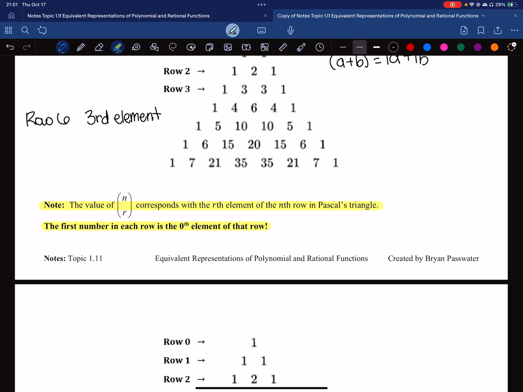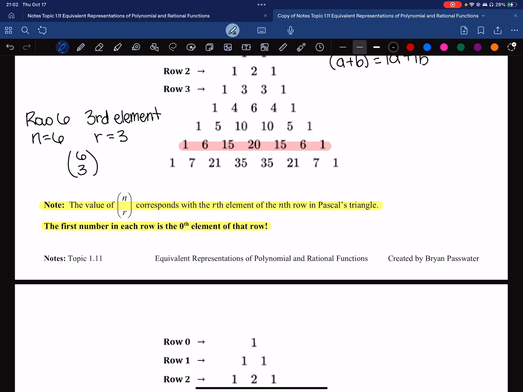We would talk about this row right here, which is row 6. Okay, so row 6 would represent n being 6. If we want the third element, then we would have r be 3. Well, r being 3 would have it looking like 6, 3 like this in parentheses, and we're going to see that notation whenever we use the calculator.